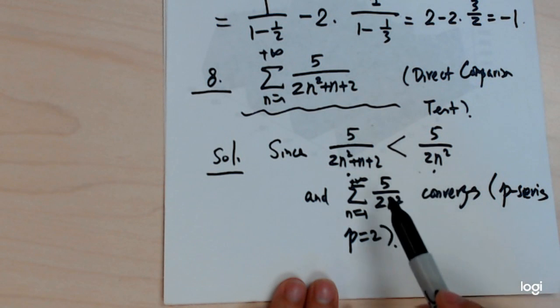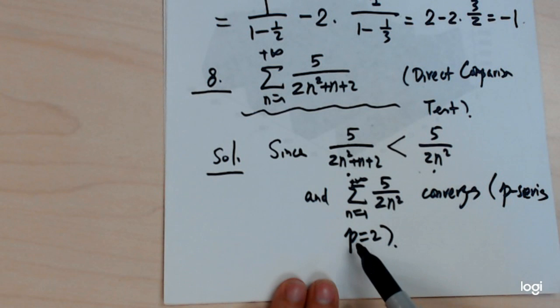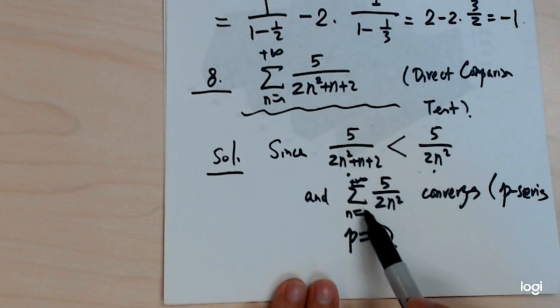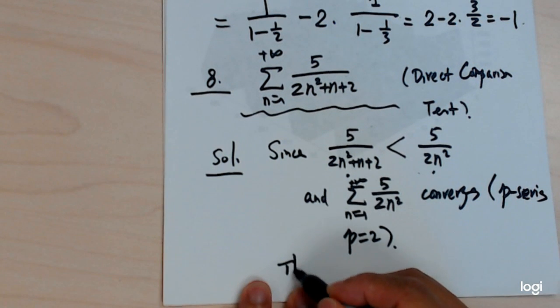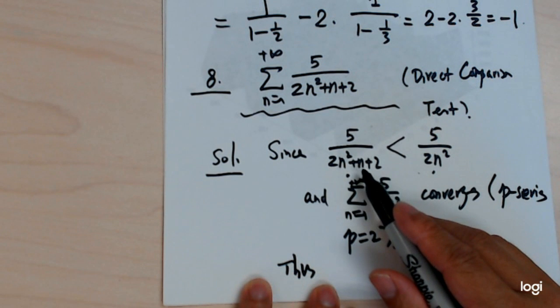The larger one converges. This is a result that you want to memorize. Okay, p series always converges whenever p is greater than 1, if this power here is bigger than 1. Thus, direct comparison test says the larger one converges, so the smaller one must be convergent.